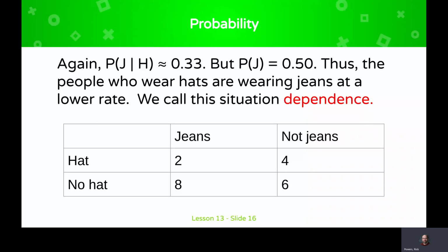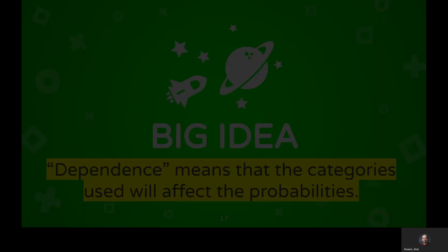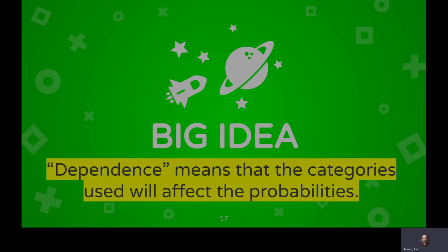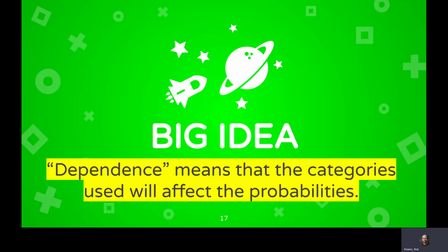Thus, the people who wear hats are wearing jeans at a lower rate. We call this situation dependence. Big idea. Dependence means that the categories used will affect the probabilities.